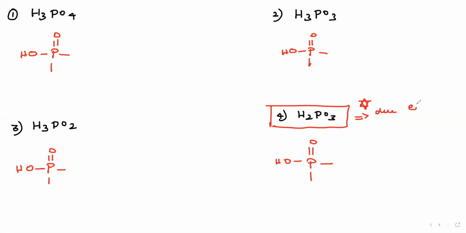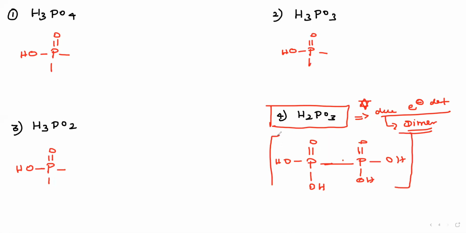Due to the electron deficiency, this molecule forms a dimer, because of the balance of pentavalency. This is the actual structure, the dimeric form of H2PO3.